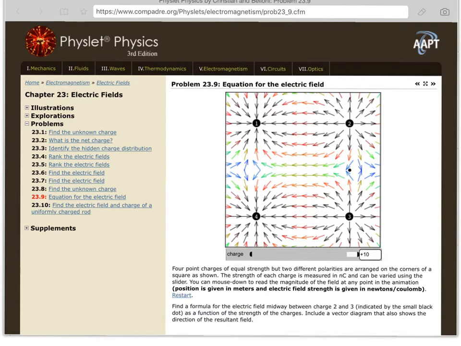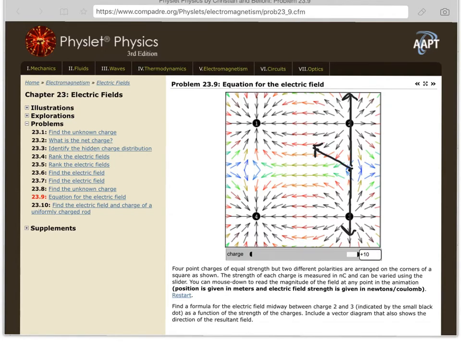and know that the field at that black dot is going to be the sum of 4 field vectors. So the field due to charge 1 at this point would be a vector that way, right, because it's a negative charge. And the field due to charge 2 is positive, so it would be down and big. And the field due to charge 3, since it's positive, would be up and big and equal, so those two vectors are going to cancel.